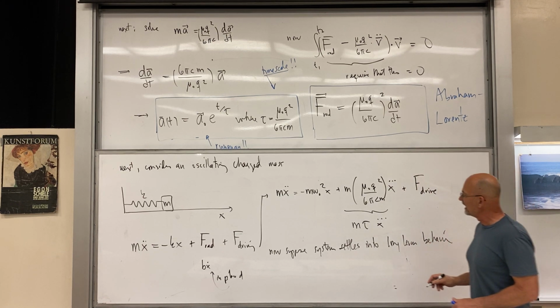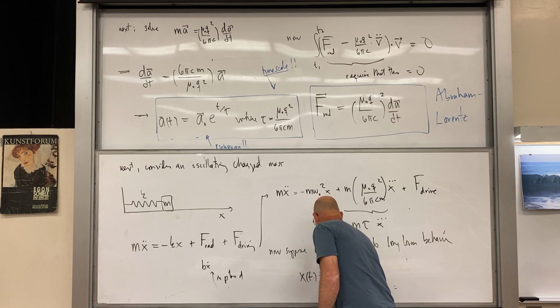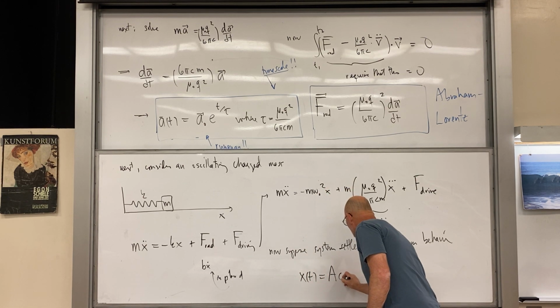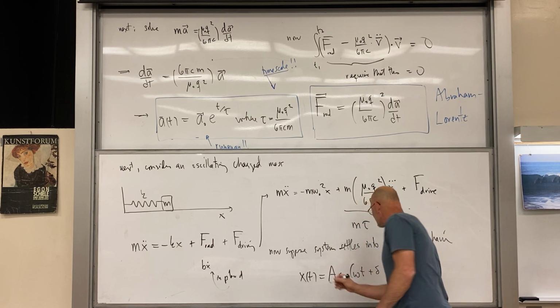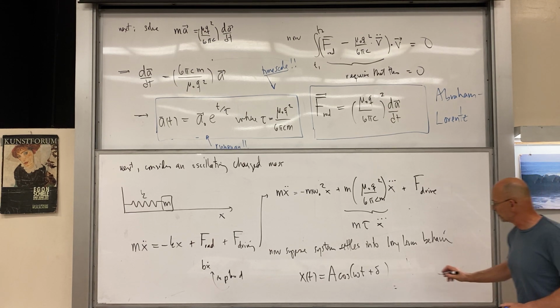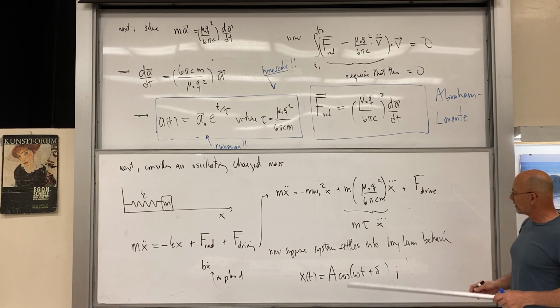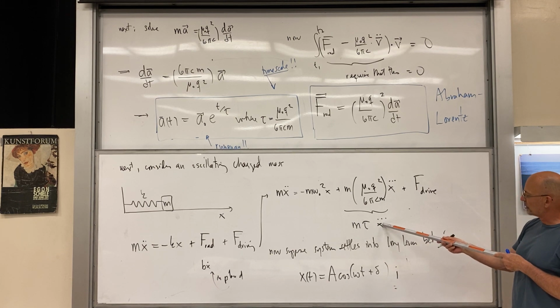Transient's gone, and we have x of t equal to A cosine of omega t plus some phase delta. Then what we have here is m times tau times three derivatives.